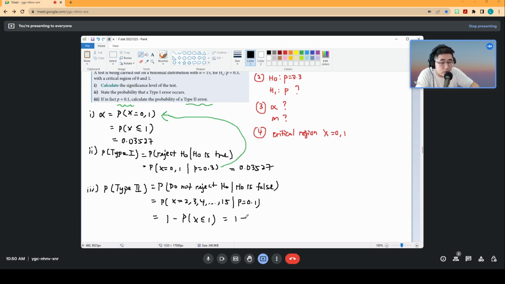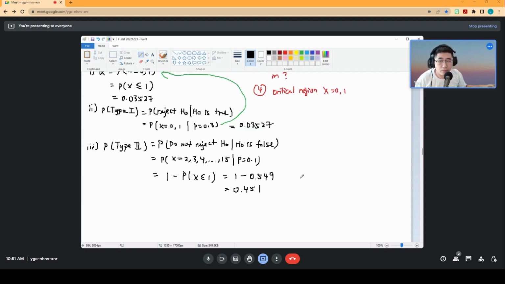It's a new value. So I have 0.549. That gives me 1 minus 0.549, which is 0.451 as your answer. That will be your type 2 error.